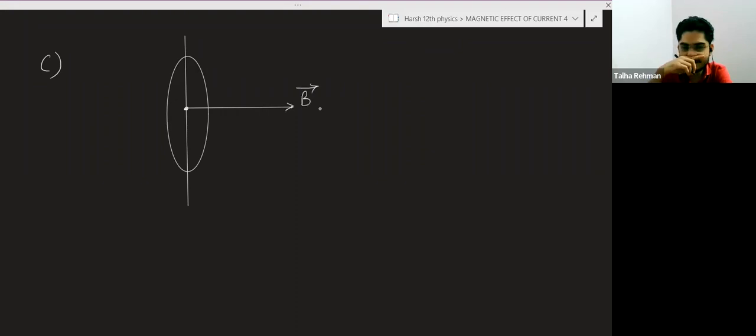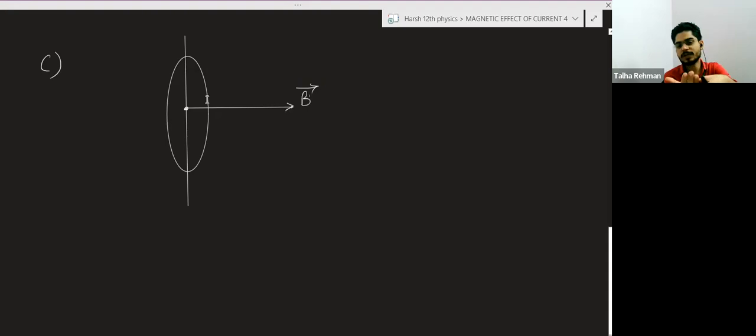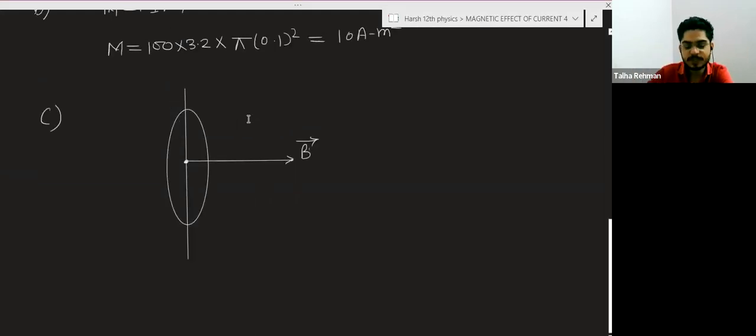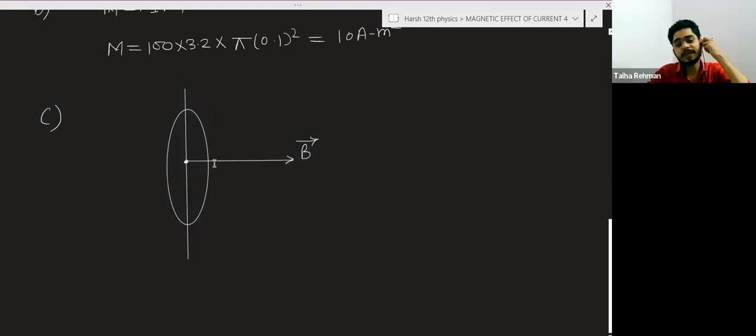Can you tell me what will be the direction of the magnetic moment? The magnetic moment will also be horizontal because this coil is in the vertical plane. The direction of the current is not given, but we know that the magnetic moment is always perpendicular to the plane of the coil.